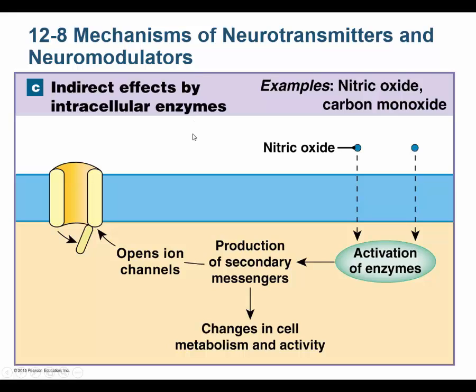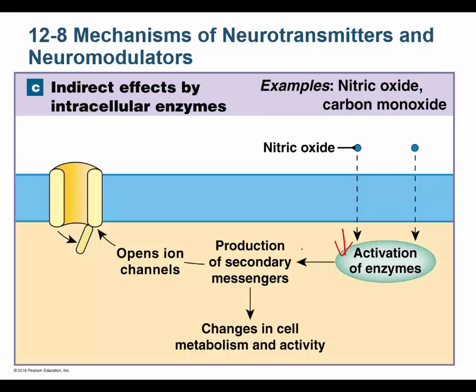Here's another indirect effect, but it doesn't use a G protein. It's still metabotropic. Anytime you have an indirect effect, it's called metabotropic. But instead of using a G protein, the neurotransmitter activates enzymes. In this activation of enzymes, it's not adenylate cyclase and it's not guanylate cyclase, because they lead to second messengers, cyclic GMP and cyclic AMP.